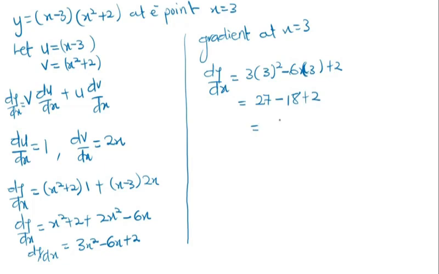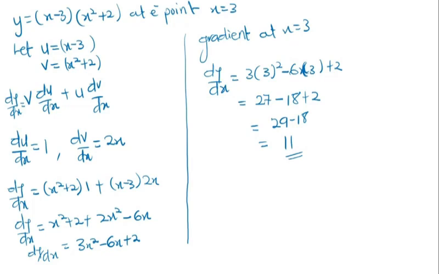So our final answer over here is going to be 29 minus 18. 29, if we add this and this, minus 18. So we are going to get 11 as the gradient to the curve for this example. So this is how we simply go ahead and find the gradient to the curve of a particular function.